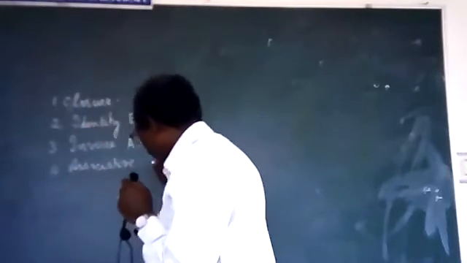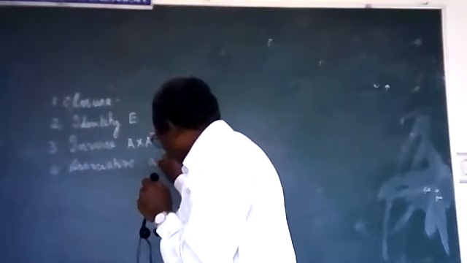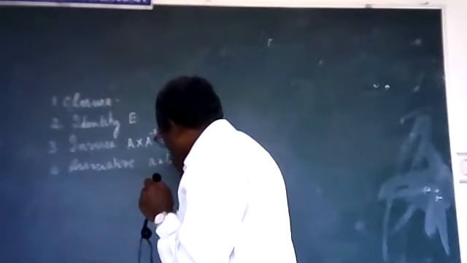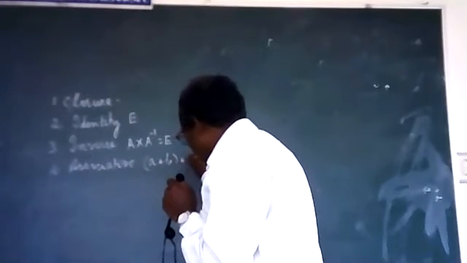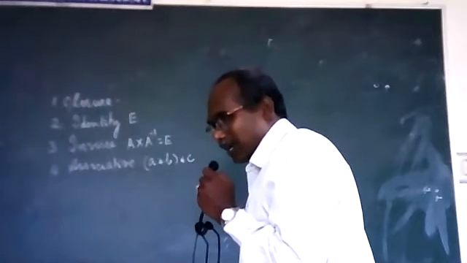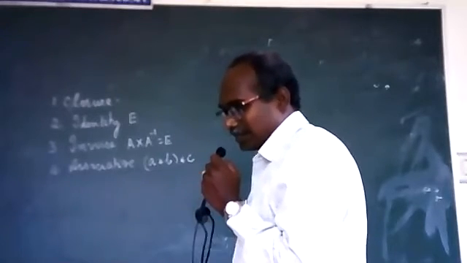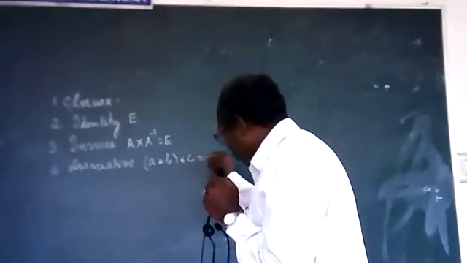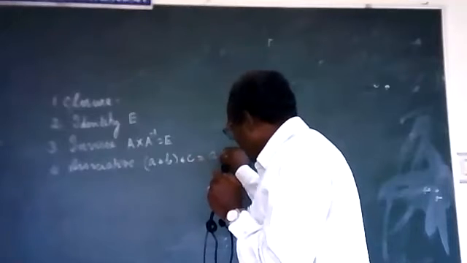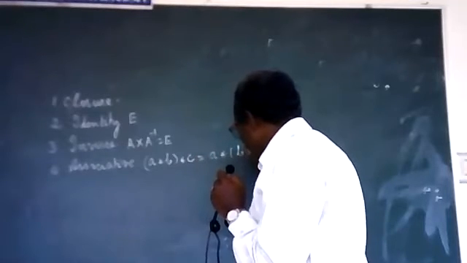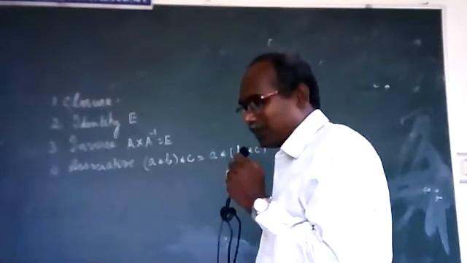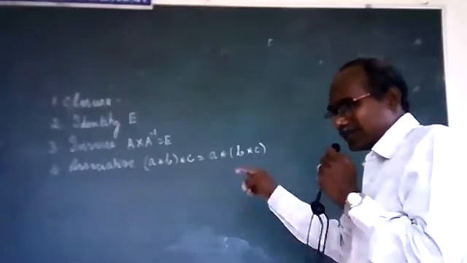Fourth one, the operation should obey associative law. What is associative law? Suppose A star B star C, I'm doing the A star B first and then star C next. This should be equal to A star B star C, I'm doing the B star C first and then A star.